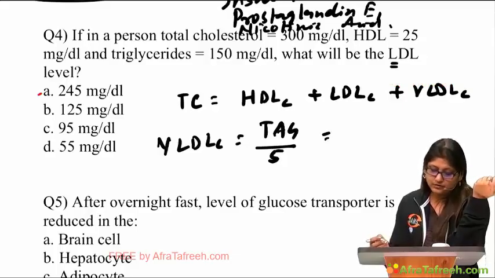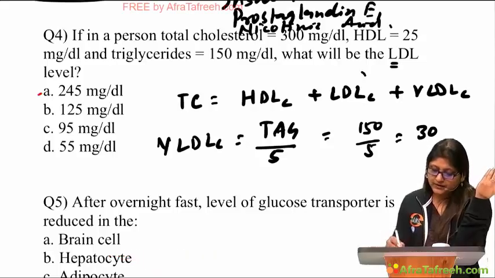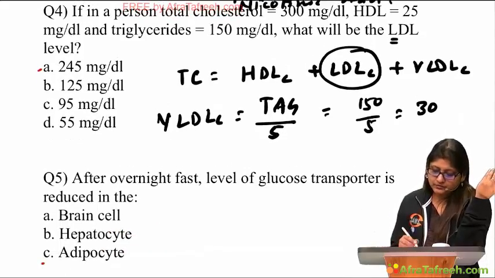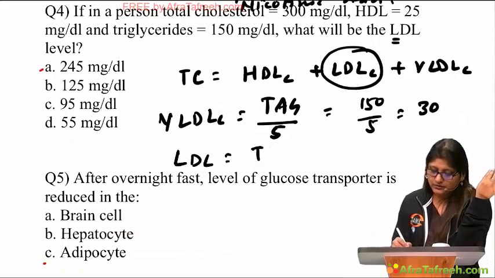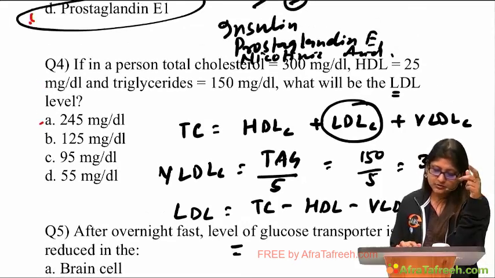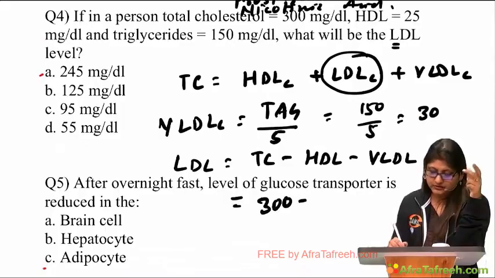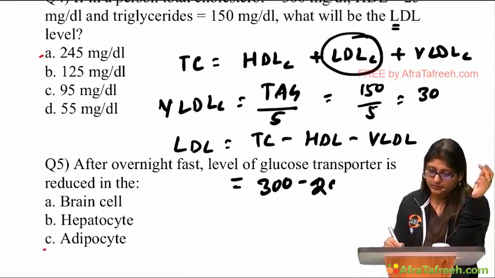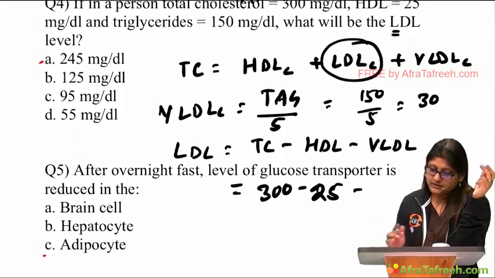So VLDL cholesterol is going to be 150 by 5, that is 30 milligram per deciliter. Now the LDL value is to be calculated. So LDL is going to be total cholesterol minus HDL cholesterol minus VLDL cholesterol. So that value is going to be, how much is total cholesterol? 300. You will be getting this question in the exam, don't worry. And VLDL is 30.